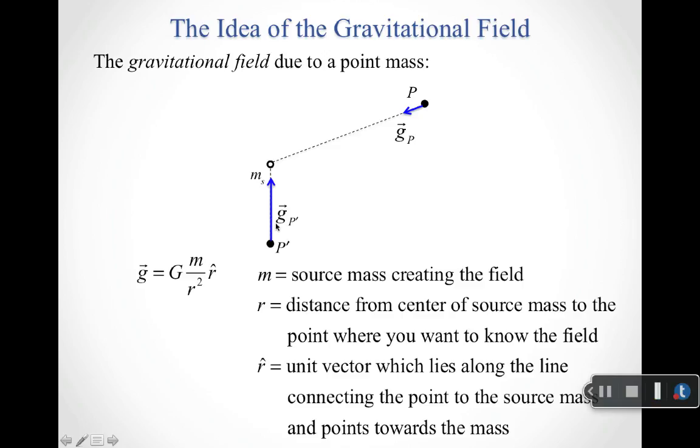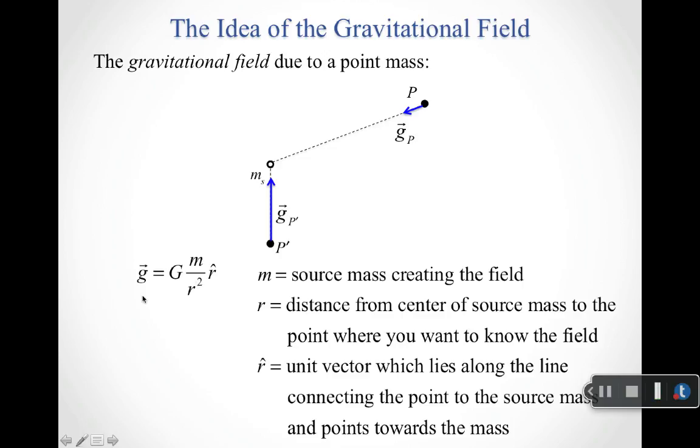If I'm roughly half the distance away at point P prime than I was at point P, then the gravitational field at P prime is probably going to be about 4 times stronger than it is at point P. And you notice that in both cases the gravitational field points back towards my source mass, and it cares about how big the source mass is and how far away you are.